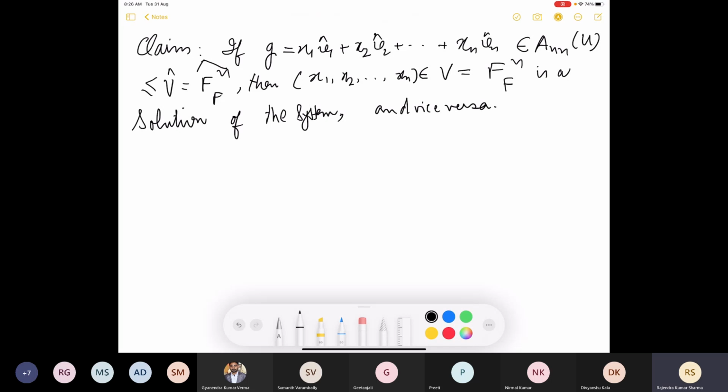That means if there is a vector, say x1, x2, ..., xn in V, and you construct a homomorphism of V into F, namely G, equal to x1 v1 hat plus x2 v2 hat and so on plus xn vn hat, then this is going to be in the annihilator of U, where U is the subspace of V spanned by the vectors a11, a12, ..., a1n, and m tuples in number, the mth tuple being am1, am2, ..., amn.